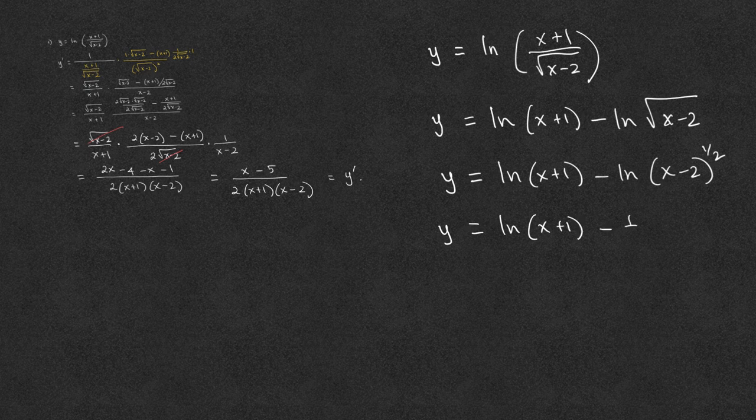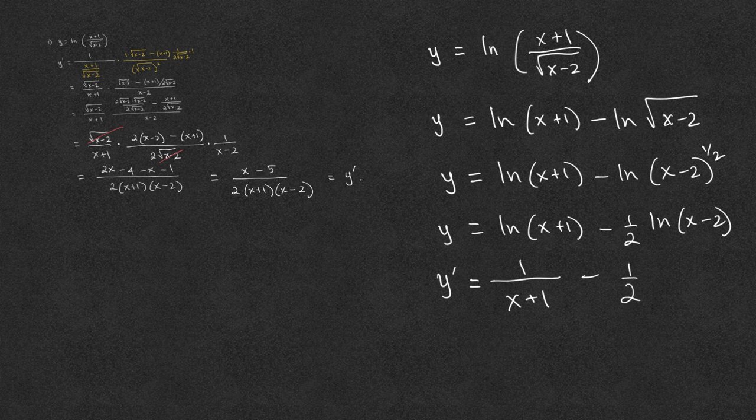And again, this is still y, not y prime. Minus 1/2 ln of x minus 2. And so that is as far as we can expand. Y prime is now, remember that the derivative of ln is 1 over the argument, and then we still need to multiply the derivative of the inside of ln, but the derivative of x plus 1 is 1.